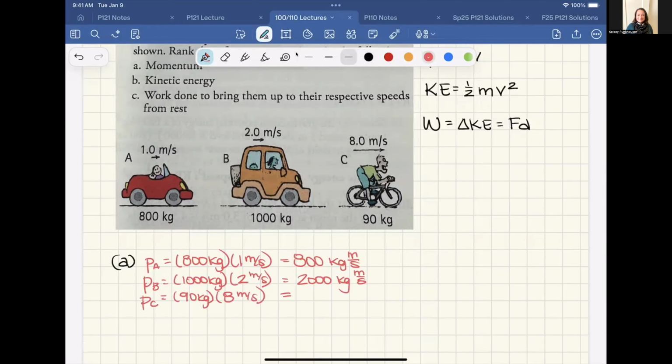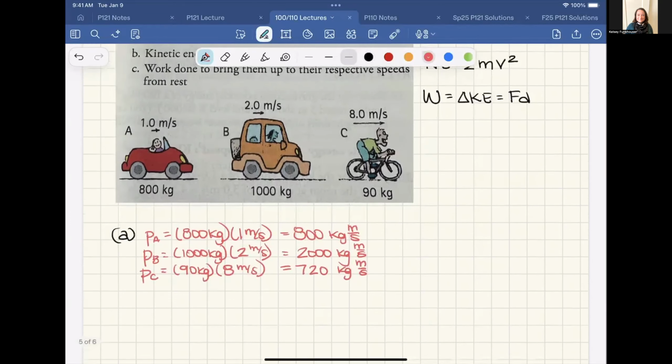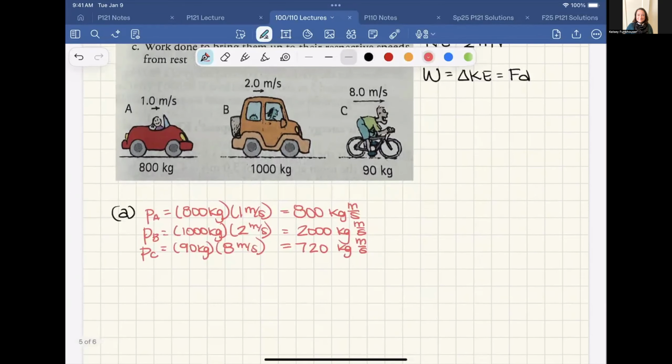So, 8 times 90 gives us 720 kilogram meters per second. So that's actually pretty close to car A, but it's still smaller than it. So let's rank these. Car B has the most momentum, and then car A, and then car C. Or C isn't a car, it's a bike, but you get it.